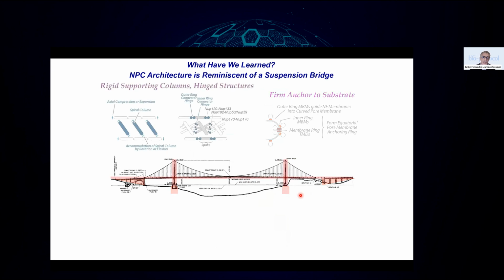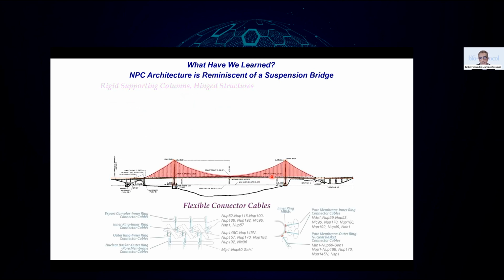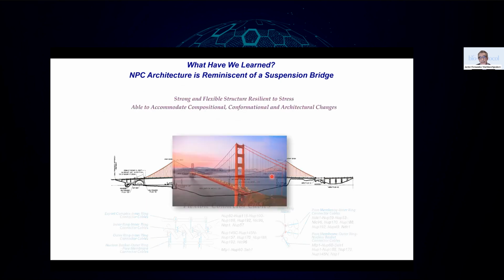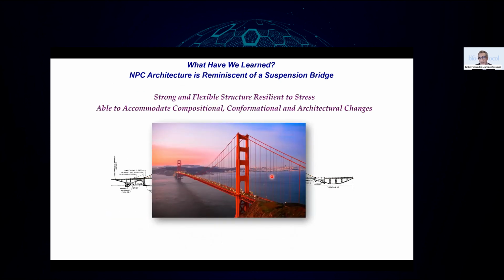In both of them, we also have relatively rigid modules that are connected through flexible hinges so that they can move independently from each other, and a whole network of flexible cables connecting the different rigid modules of the structure. What you end up with is a very strong, flexible and resilient structure that can withstand many different types of stresses.